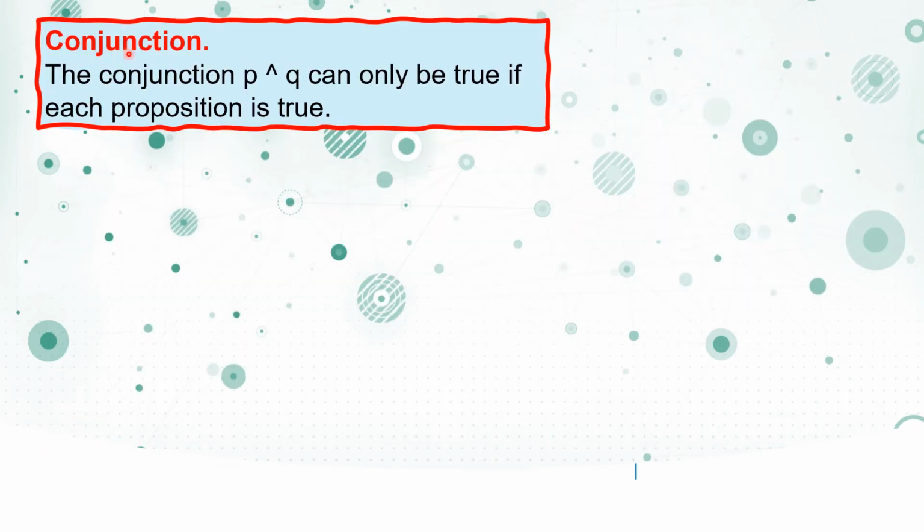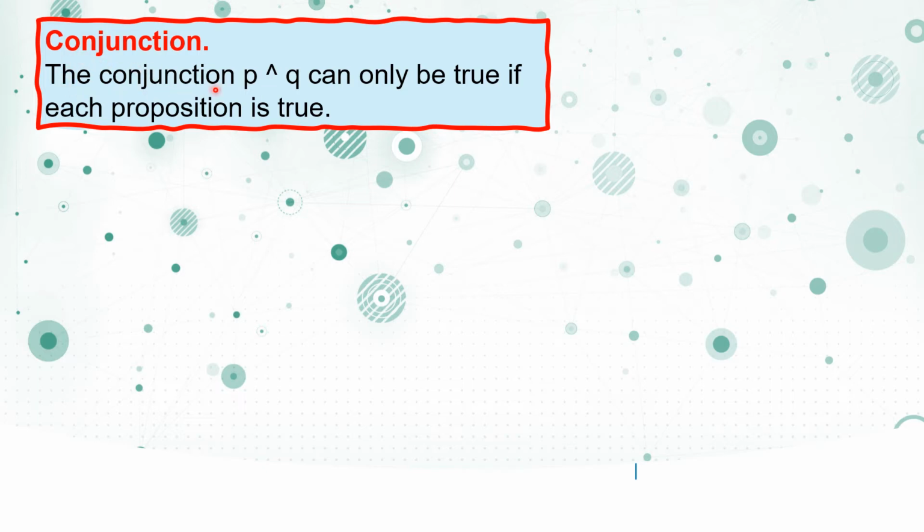The next logical operator allows us to state an expression for two propositions to be true. It is called the conjunction operator, and it is denoted by this symbol, the inverted V. So let's define conjunction.